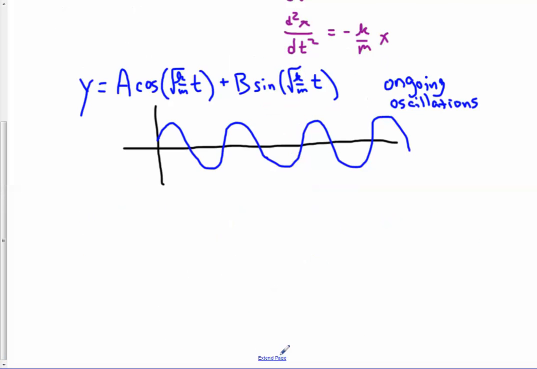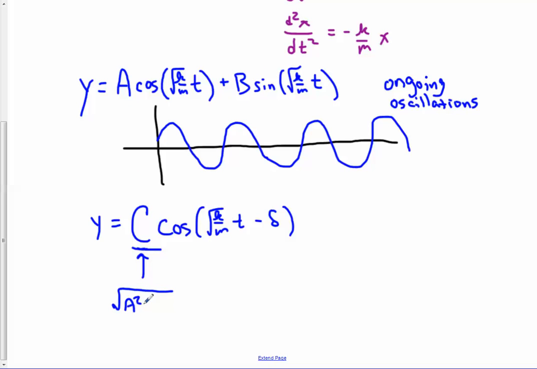I can write it in the other format where I do c cosine of root k over m t minus delta. And again, it's the same graph, it's just writing it algebraically in a different way. And then we can really identify the amplitude. And remember the amplitude, this c can be connected back to the a and b by the square root of a squared plus b squared.